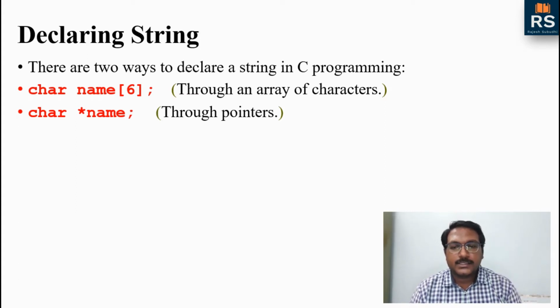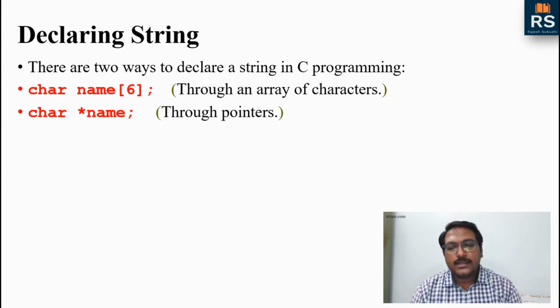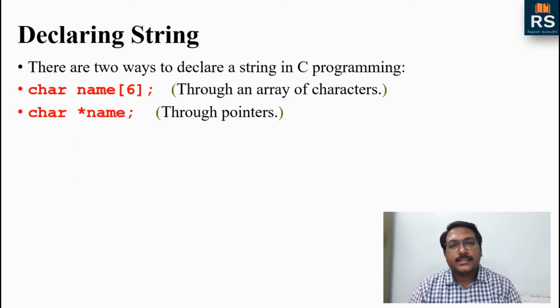As I mentioned here, char name is the array name and 6 is the number of elements inside the array. Similarly, char star name is a pointer which will point to the first address of the character array. Like this we can declare a string.